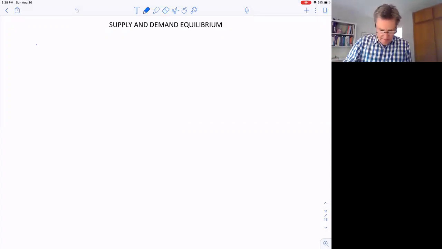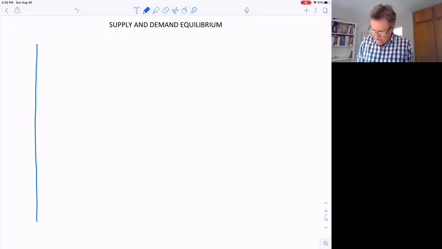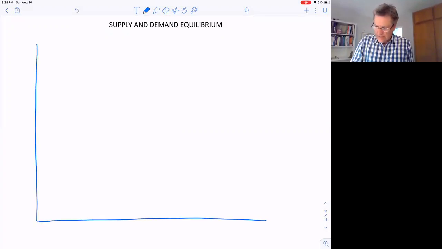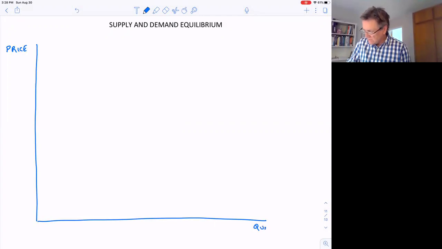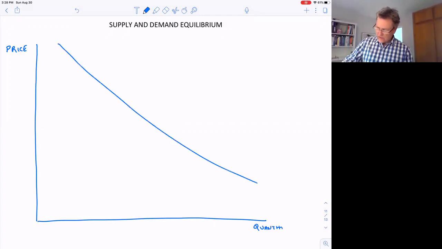We have a demand curve, and price is on the vertical axis. The quantity demanded is on the horizontal axis. Demand curves slope downward. That's the law of demand.